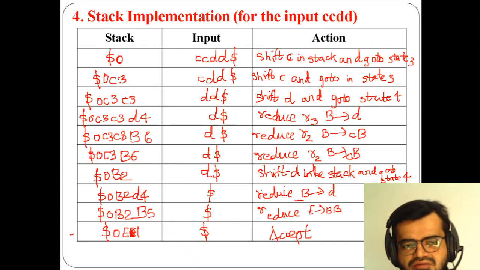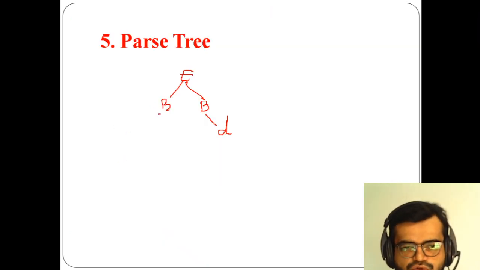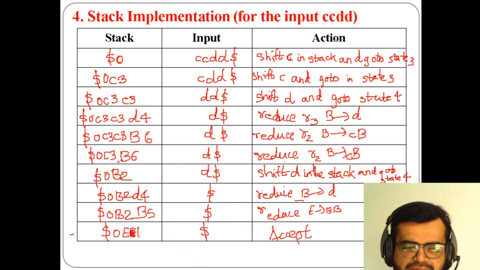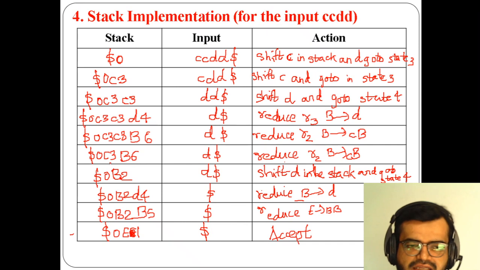So this B will give you small c capital B, which B, this B. So here small c capital B, okay, and this B is a terminal, so this B again will give you CB.